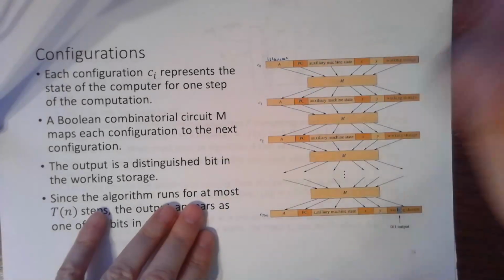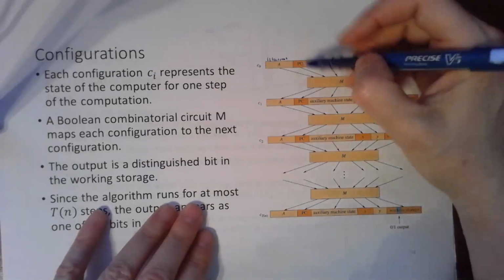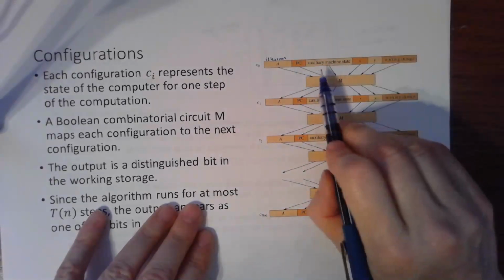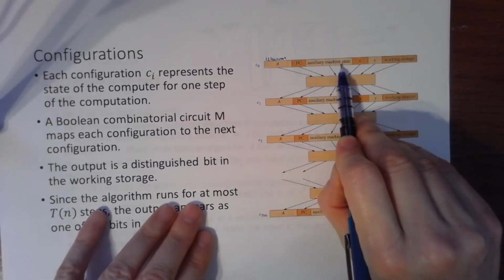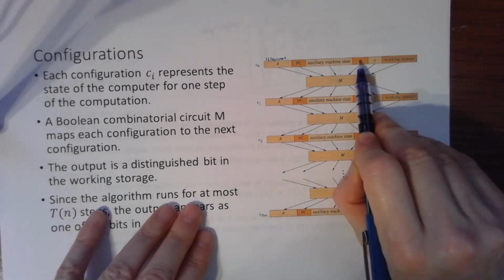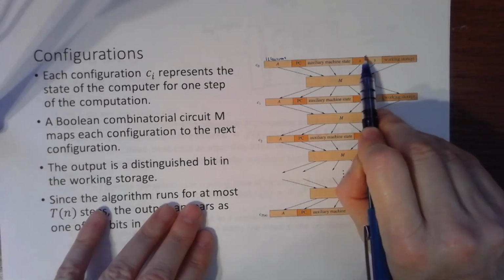The program counter probably starts at 0. We'll say that the memory location starts at 0. We hardwire that in there. We hardwire the initial state of the machine in there. We hardwire the particular instance of X in there.